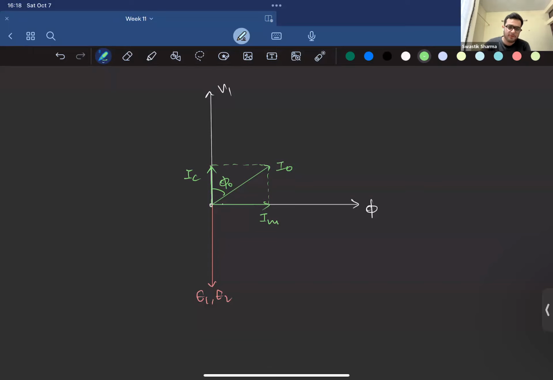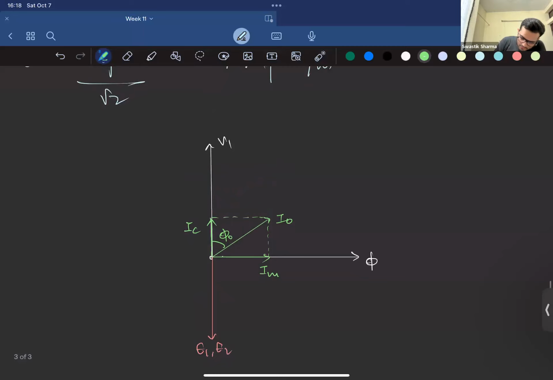So IM is responsible for the production of flux, because it's in the direction of flux, while IC is responsible for the production of core losses, right? So we can write that IC is I naught times cos phi naught, and IM is I naught times sine phi naught, right?